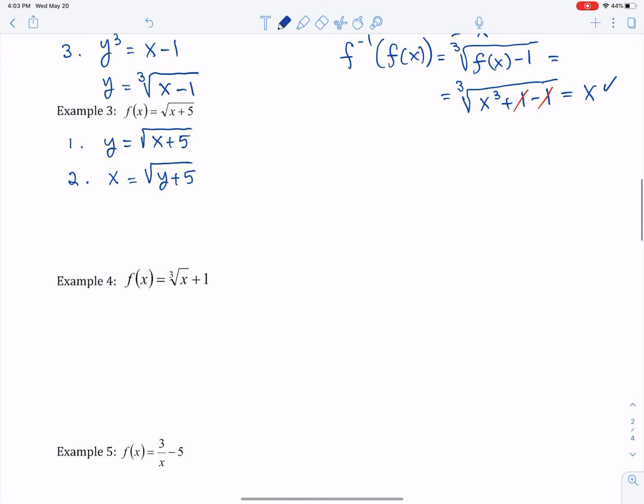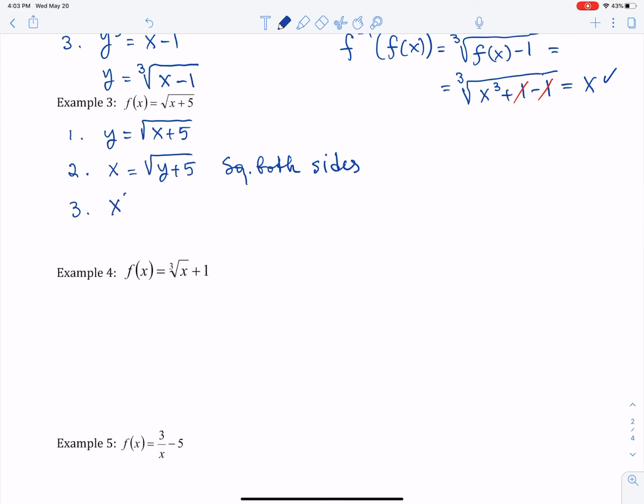Step 3, solve for y, so I'm going to square both sides. x squared is equal to y plus 5.